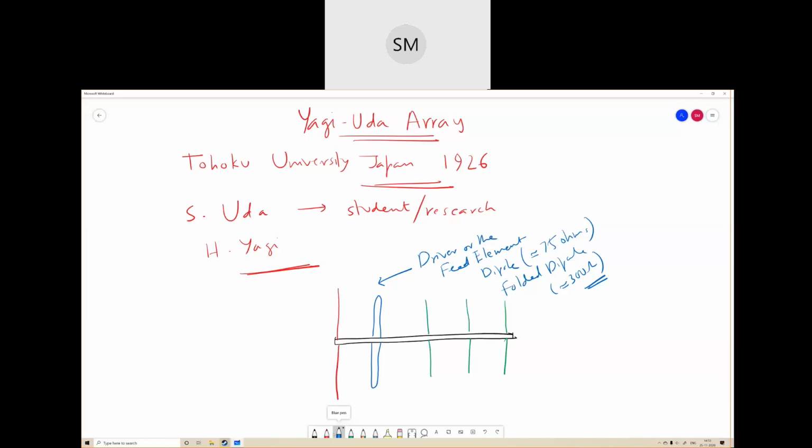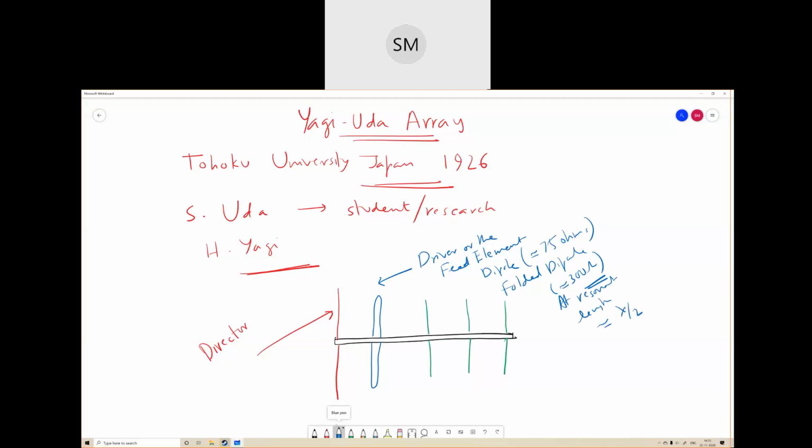The red elements are called the reflector. Sorry, very sorry, this is a reflector, not the director. The feed element's length is almost lambda by 2, at resonant length.